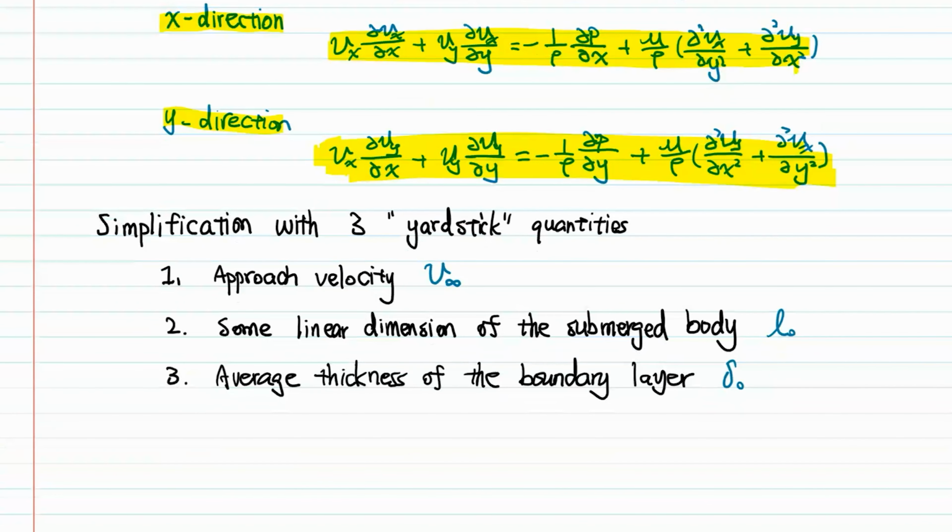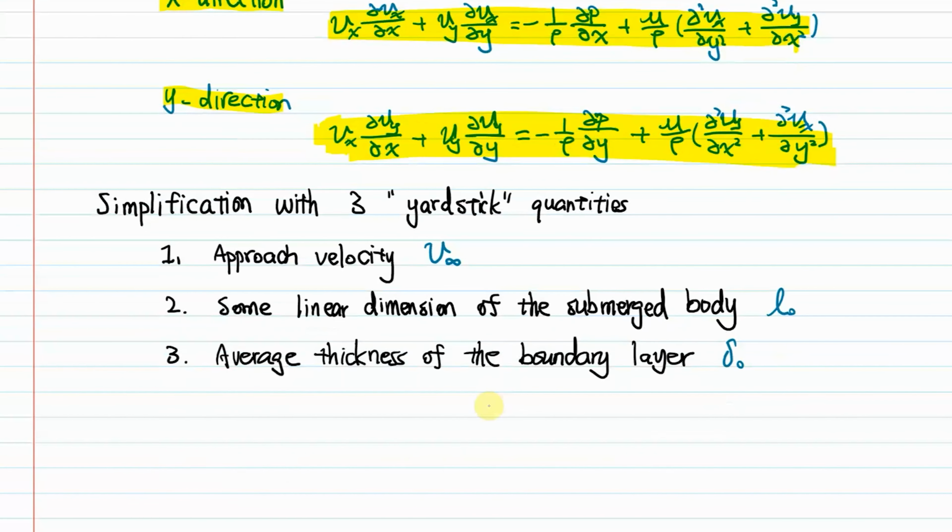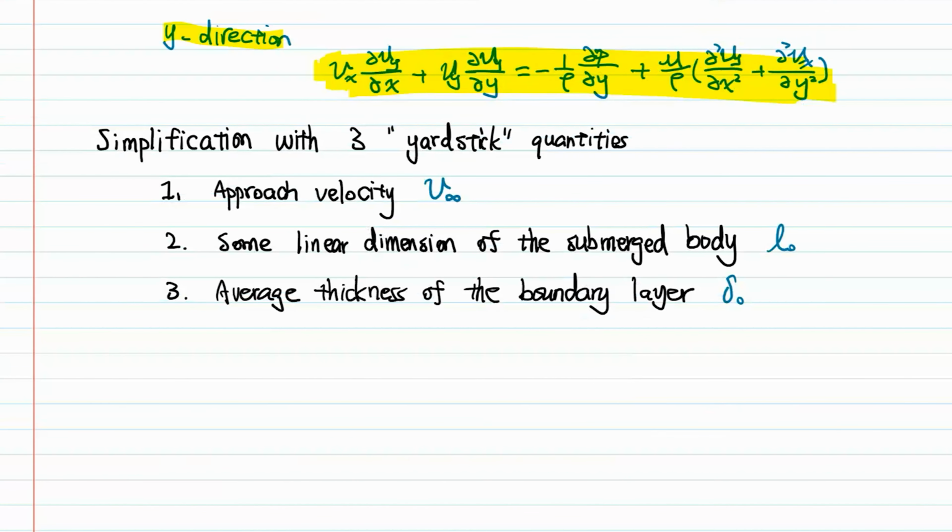Okay, and typically we will presume, very importantly, that the average thickness of the boundary layer is much smaller than the characteristic length or the linear dimension of that submerged body.